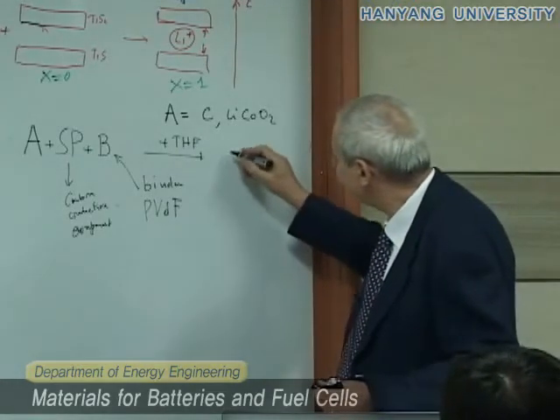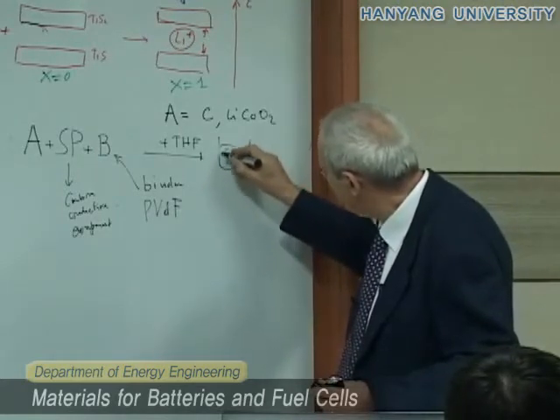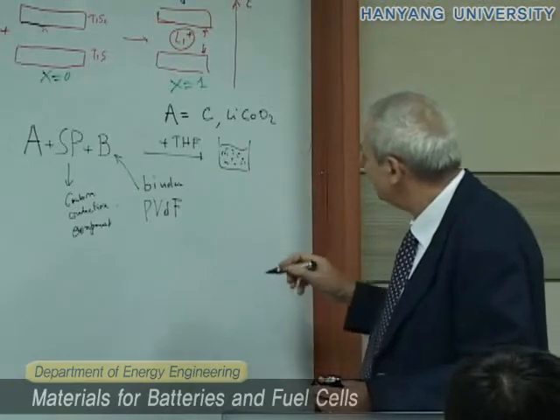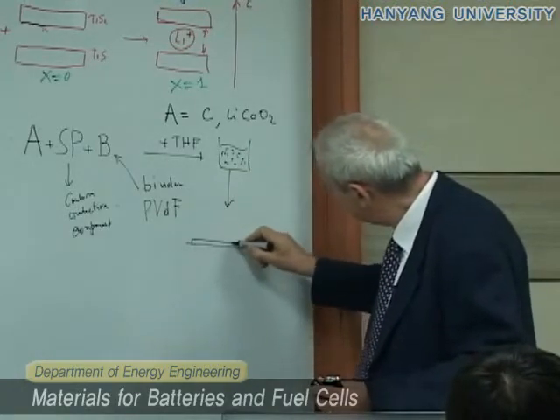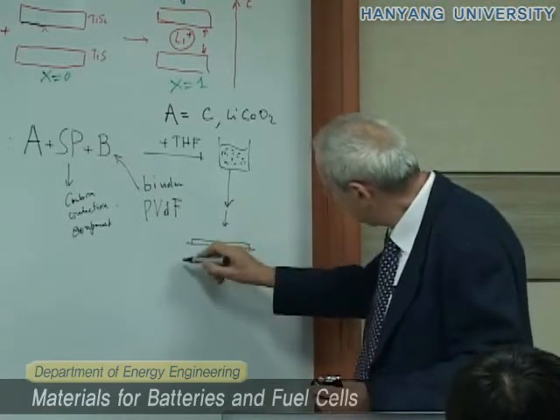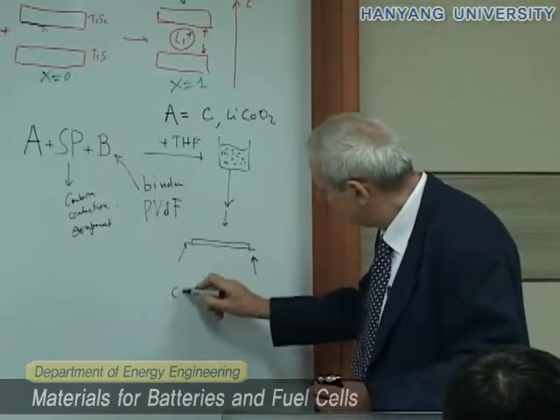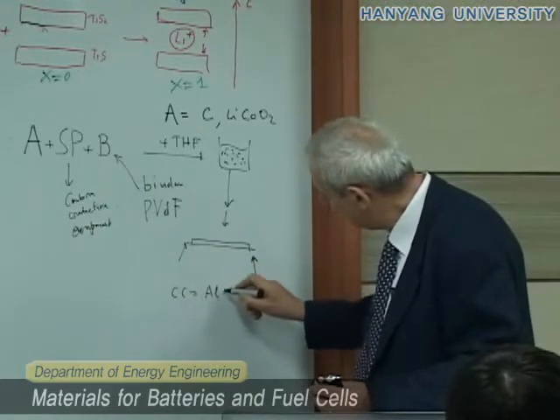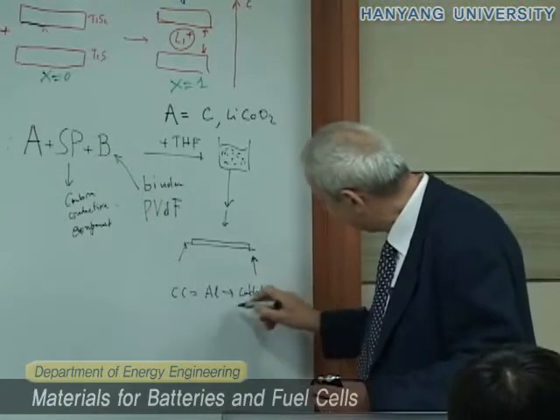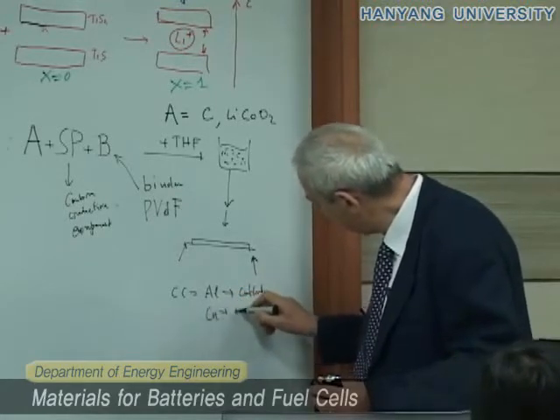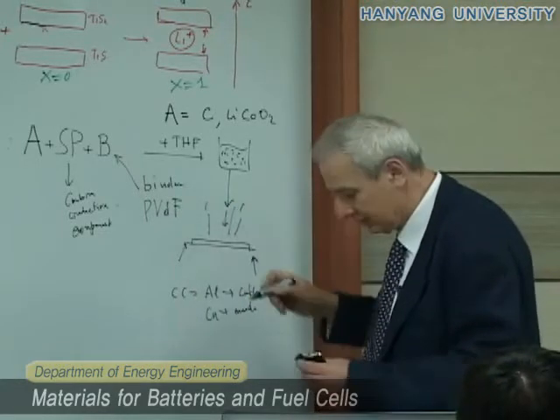And we then make a slurry, this solvent plus all these solids, and then this slurry is deposited on a current collector, which is aluminum in case of cathode, and copper in case of anode, and then the solvent is evaporated off.